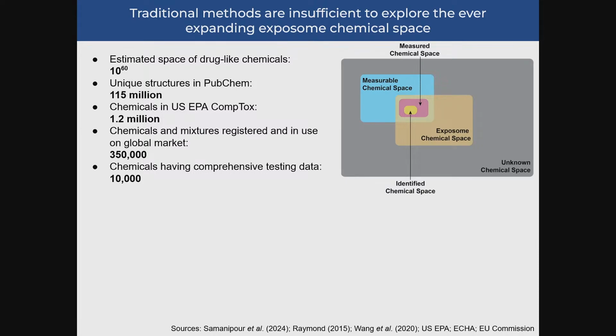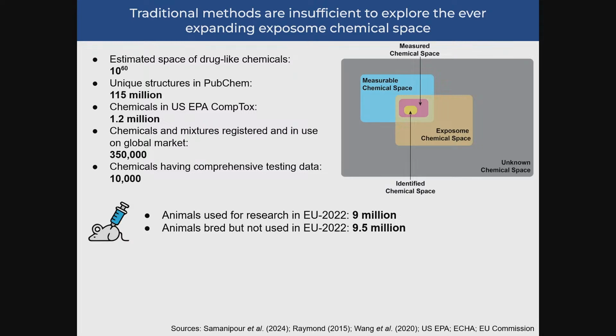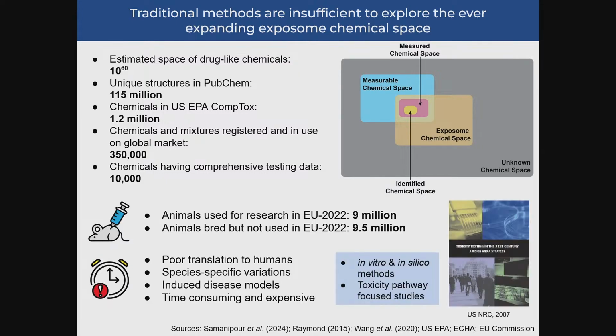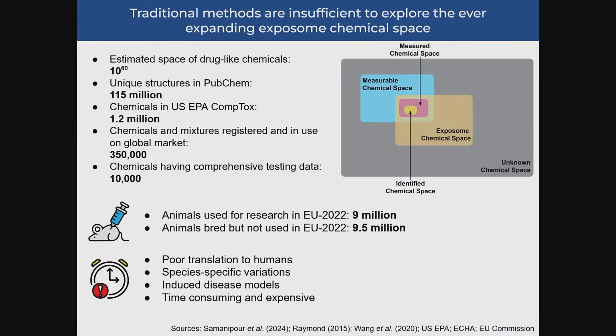These mostly rely on animal testing, and you can see the number of animals being used in research is also very high. But these animal models also have drawbacks: they poorly translate to human health due to interspecies-specific variations, and additionally they are time consuming and expensive.